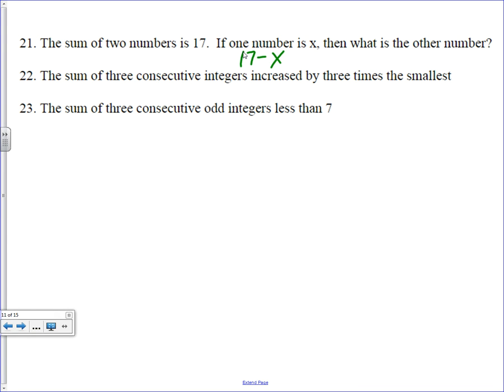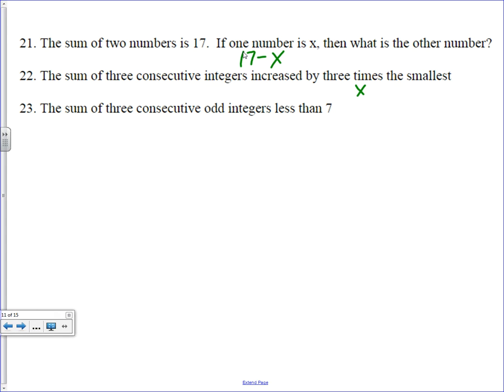Okay, let's talk about the word consecutive. Guys, what does consecutive mean? Repeat it in a row. So consecutive numbers would be 1, 2, 3, 4, 5. Those are consecutive, right? How far apart are they when they're consecutive? They're just one apart. Don't they go up by one every time? Okay, so if I want 3 consecutive integers, we would call the first one x.